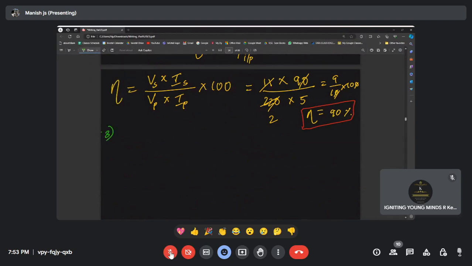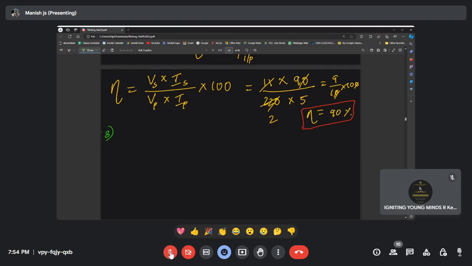Moving on to the next model of question. Different ways how questions can be asked. So mostly in the alternating current chapter, the most probable areas are series LCR circuit, LC oscillations, when a capacitor and resistor are connected, inductor and resistor being connected, and then all three of them, that is inductor, capacitor, and resistor, being connected in series with an AC source.